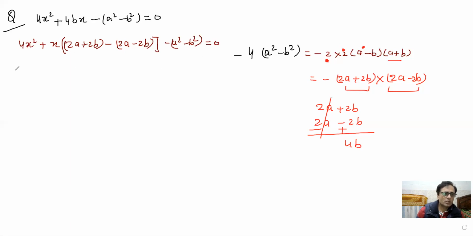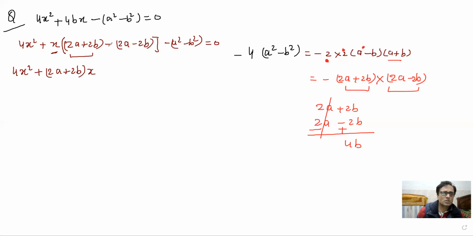Now open that bracket: 4x square plus, I am applying this x to the first part, so it will be 2a plus 2b into x.